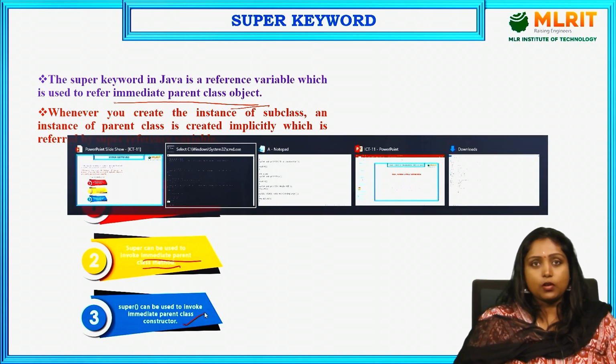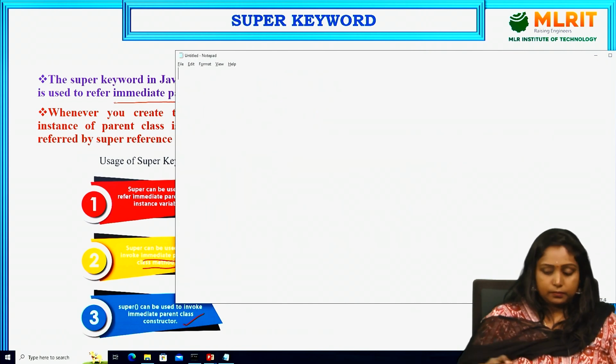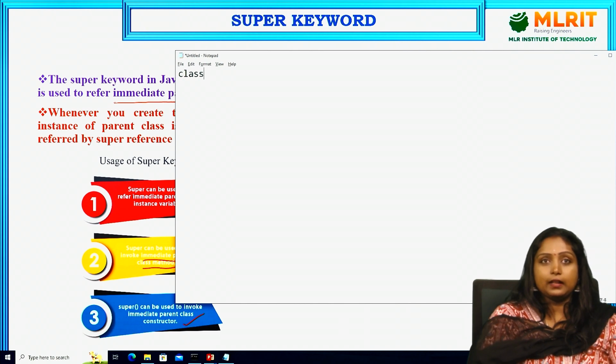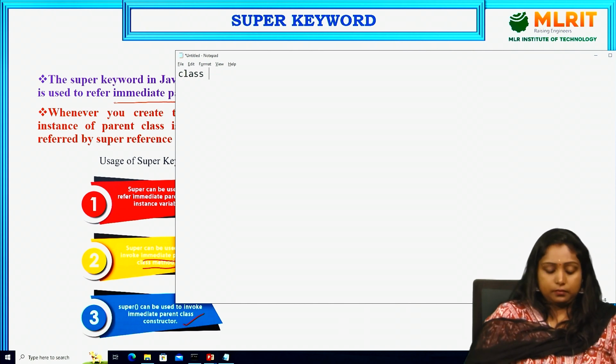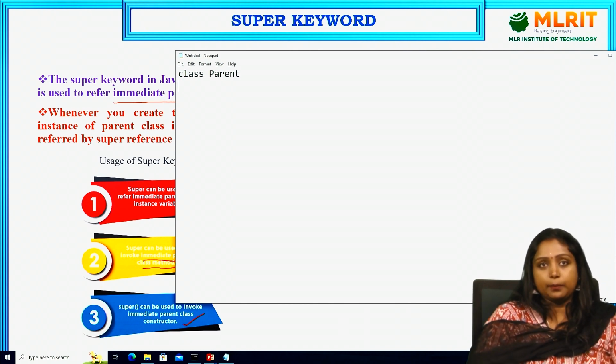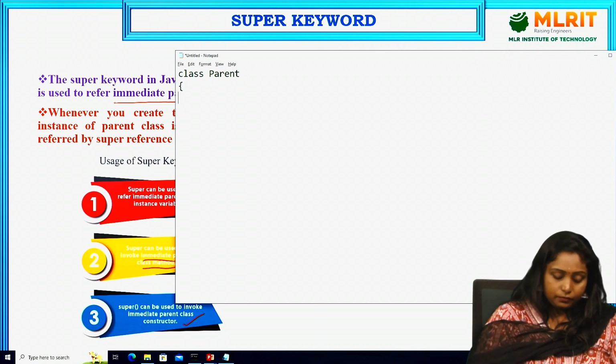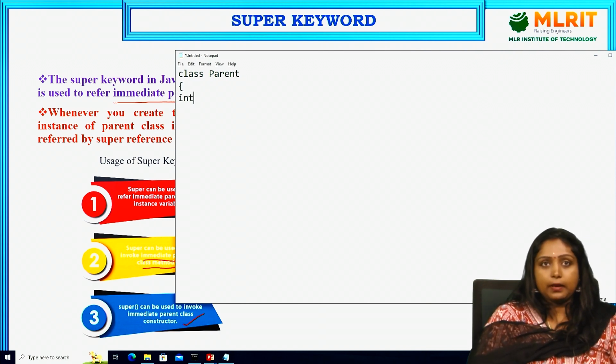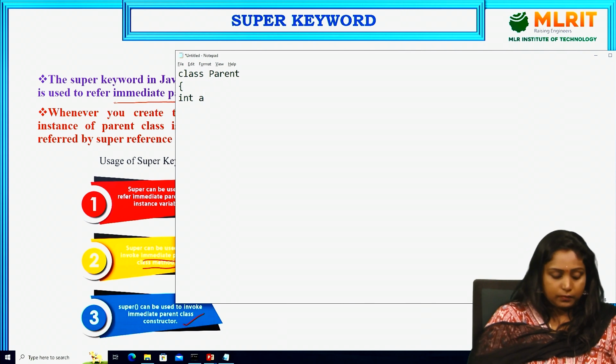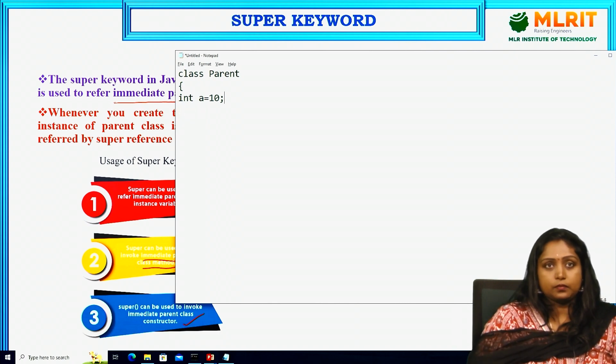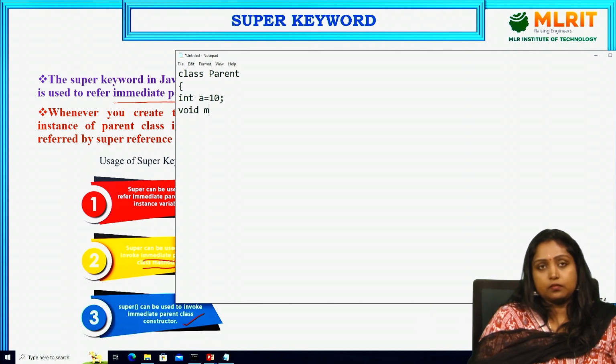Let us see a small example of this. I am having a class, I am taking it as a parent class. Here I am having int a equals 10 and a method void m.